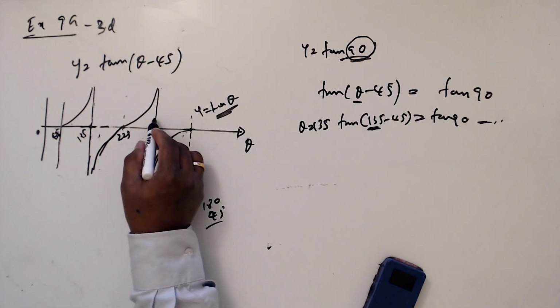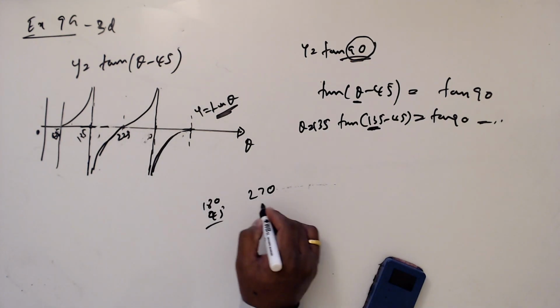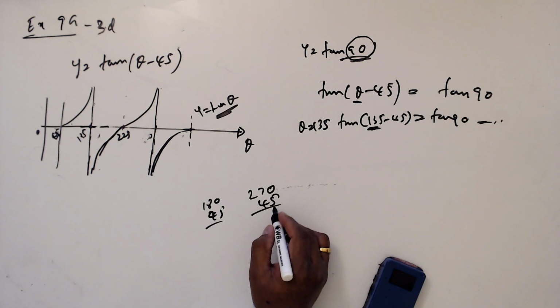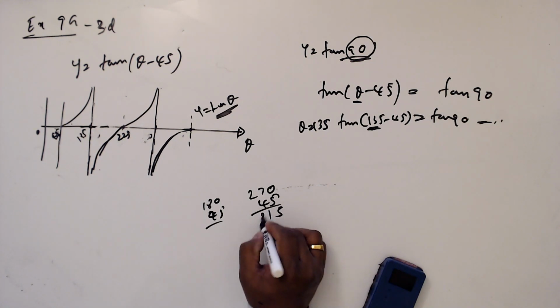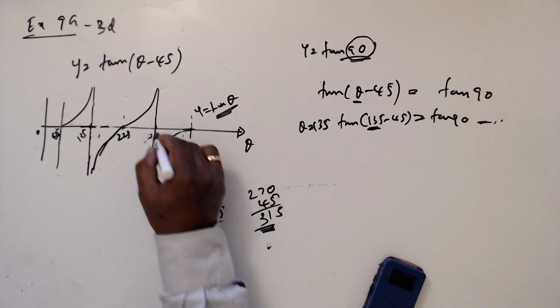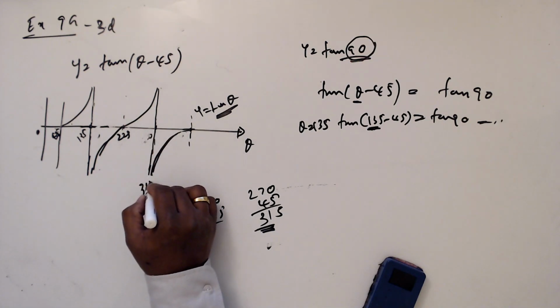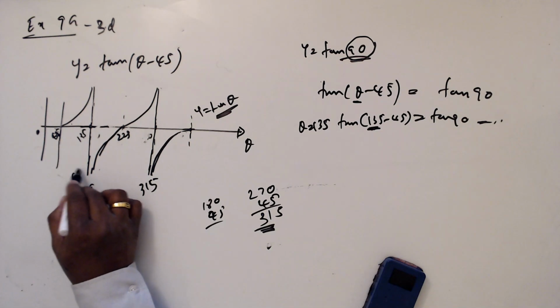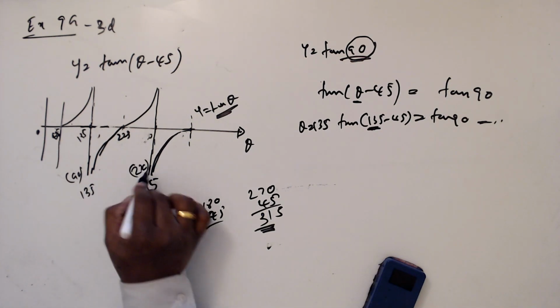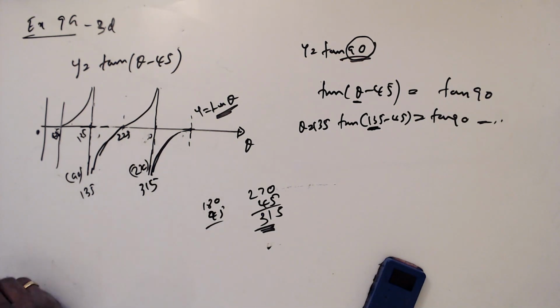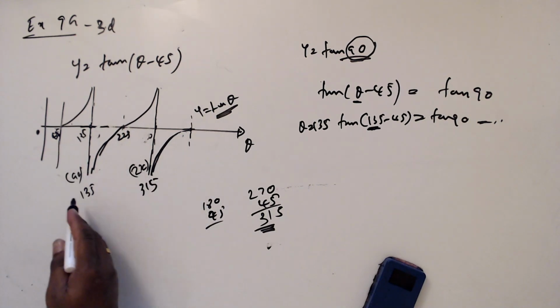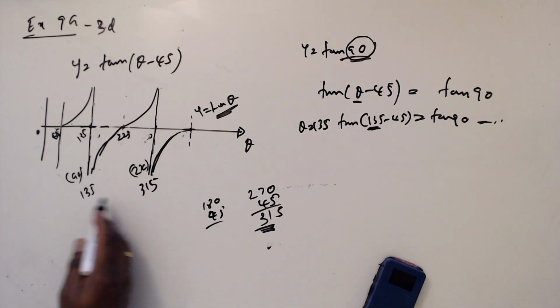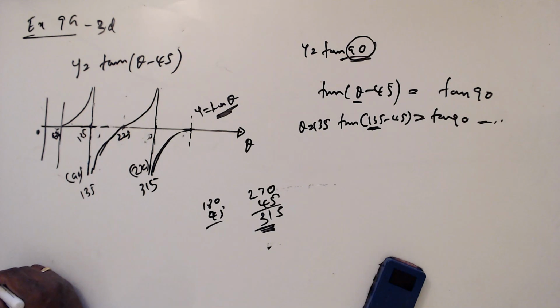And earlier the other asymptote was 270, so 270 plus 45, 315. Now this asymptote is going to be 315. So this is 135. Earlier it was 90 and 270. Add 45 to everything. Draw the same graph as it is and change the values. So that is one way you can do this.